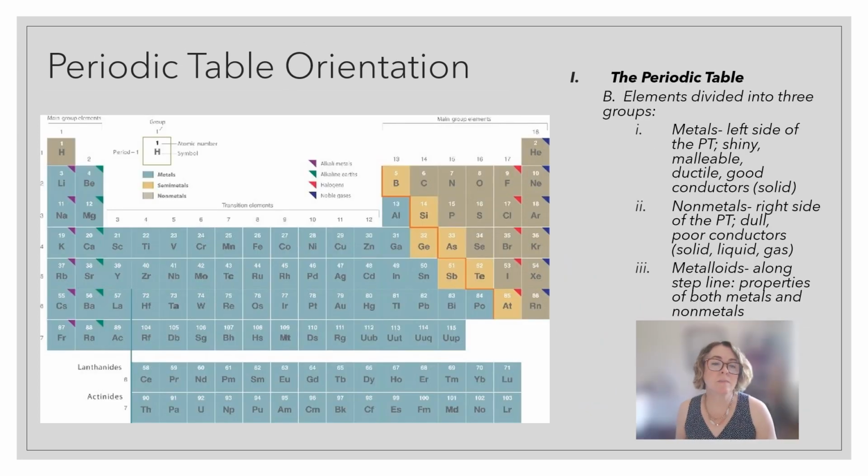So in addition to being given the names and the symbols, the elements are also divided into three main groups: metals, which are going to be on the left side of the periodic table, nonmetals, which will be on the right side of the periodic table, and metalloids, which are going to appear along this stair step line between the metals and the nonmetals.